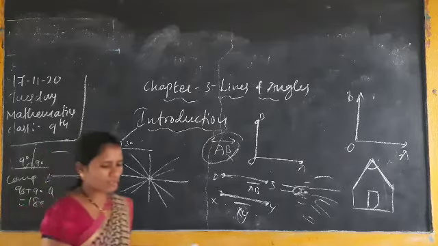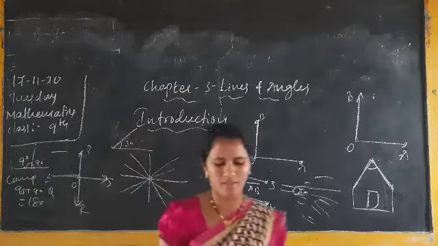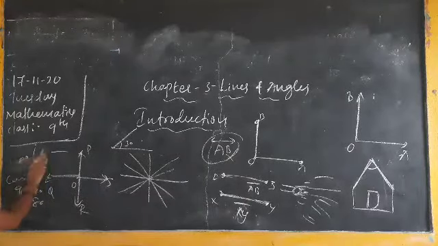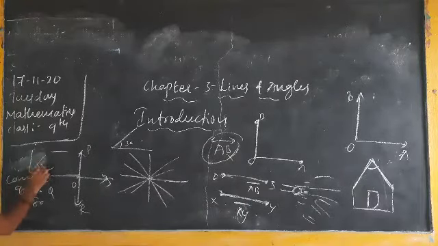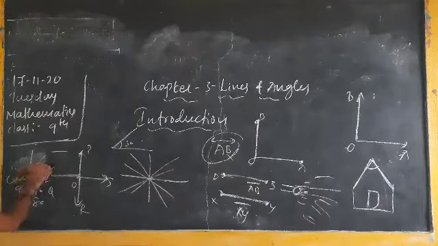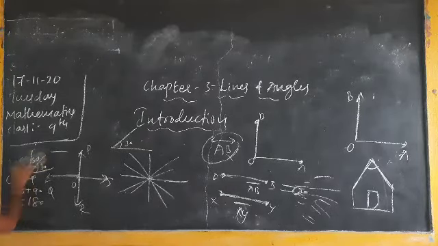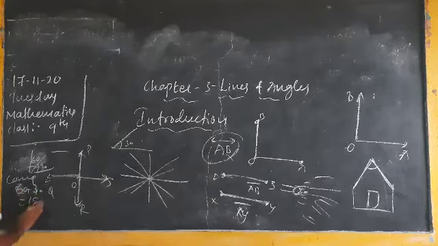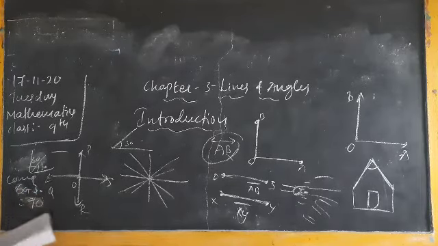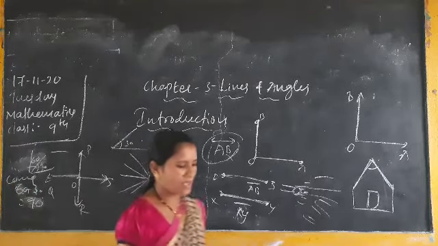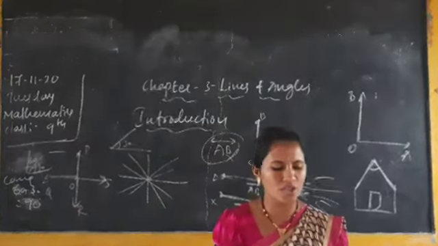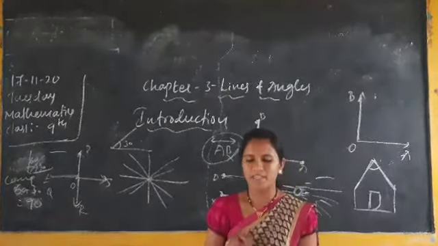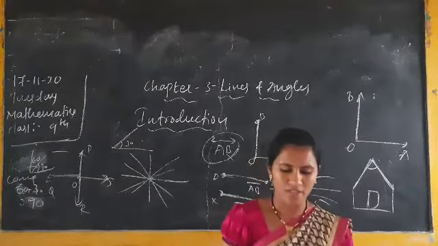Two angles whose sum is 90 degrees are called complementary angles, and two angles whose sum is 180 degrees are called supplementary angles. These two definitions you should write.